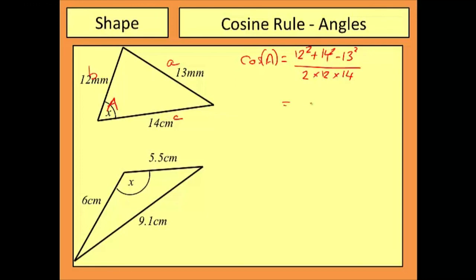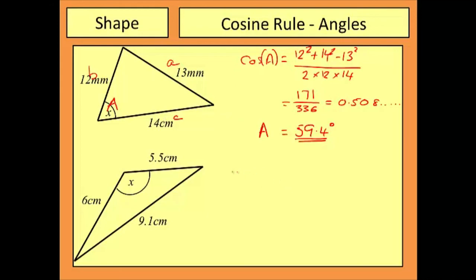This means that the cosine of the angle is 171 over 336, which is 0.508, and then that number repeats. I'm going to do inverse cos of this to find that the actual angle, which I've called A, is 59.4 degrees.